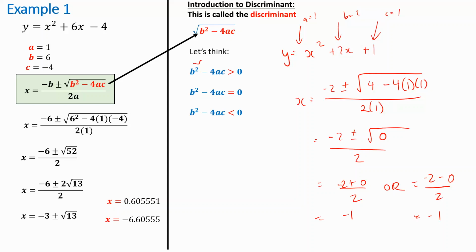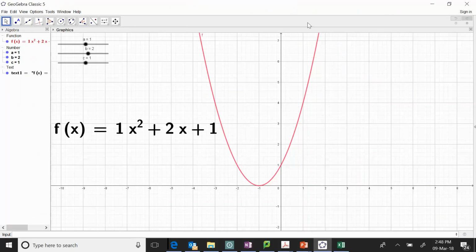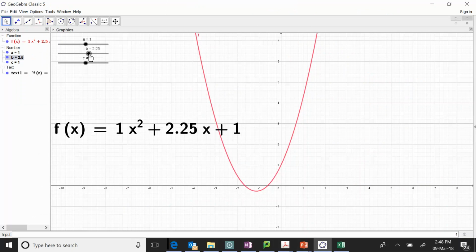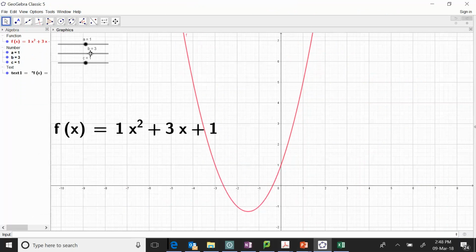That means I'm going to get two answers. So watch, if I change b to 3, what you should expect is two x-axis intercepts. I might not know where, but I know I should have two.